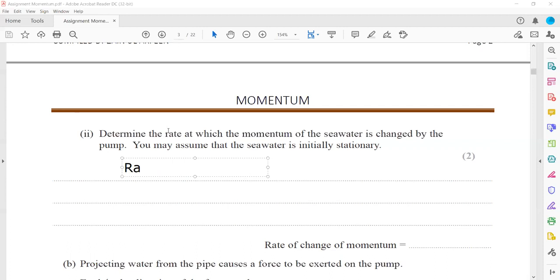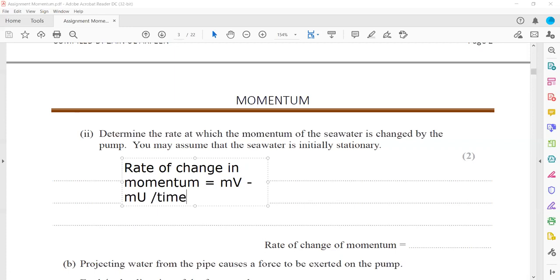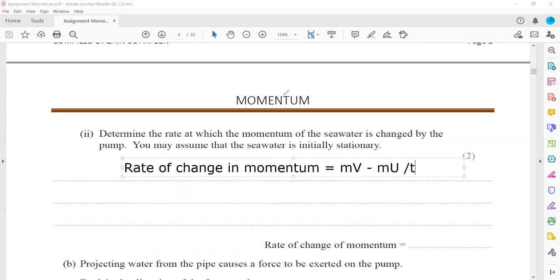So rate of change in momentum is equal to mv minus mu divided by the time, which is t. So this water is coming out at a speed of 37. The mass of the water is 300, so 300 multiplied by 37 minus 300 multiplied by 0. Why? Because they mentioned in the question, initially you consider water is at rest, not moving, stationary.